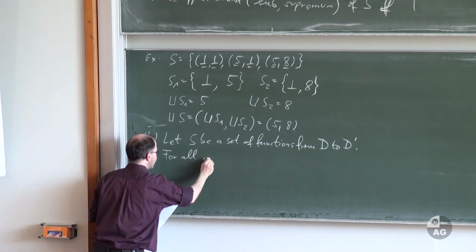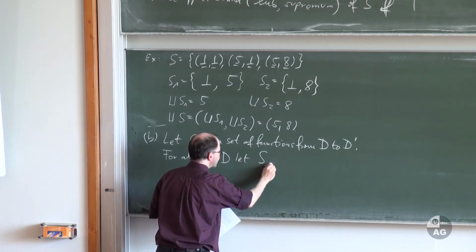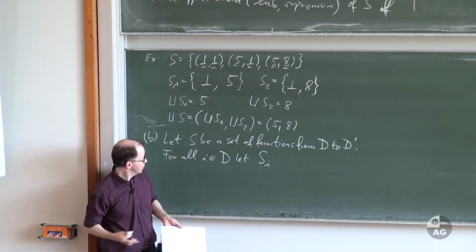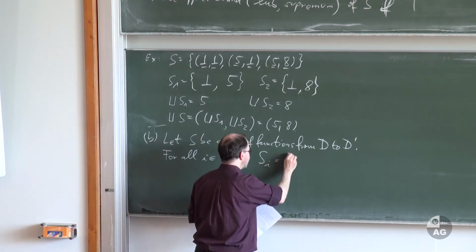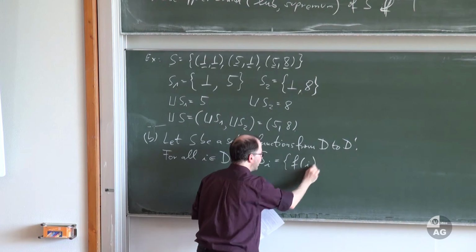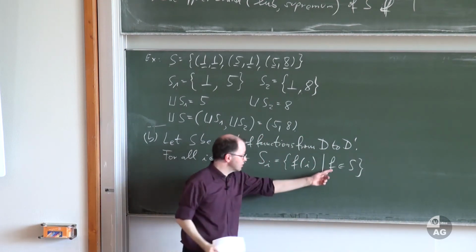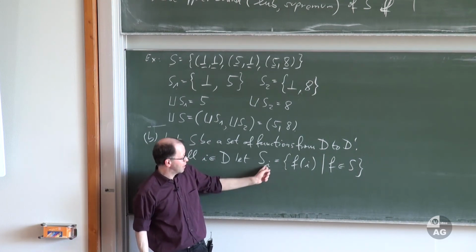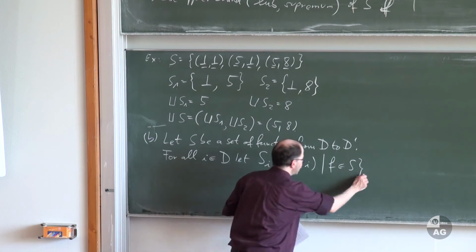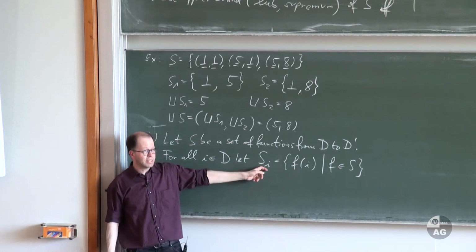For all i from D, let Si be the projection on this argument. So it contains the values f of i for all f from S. We take all the functions in the set and apply them to this argument i, and we do this for every argument. Now what the lemma says is we could build the least upper bounds for all these Si.